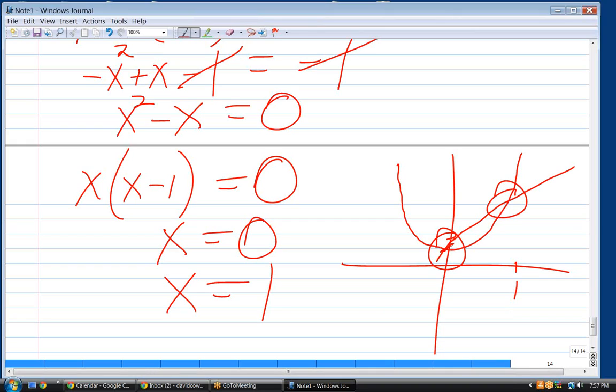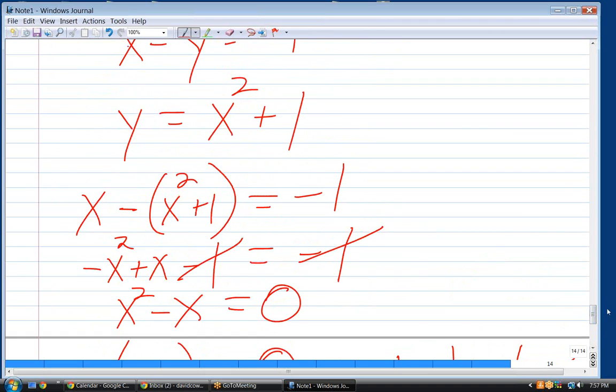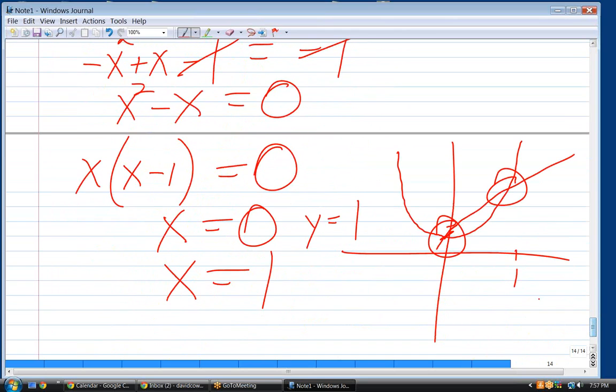And the y value here is clearly y equals 1 when x equals 0. And when x equals 1, y is equal to 2. So this point is (1, 2). And this point is (0, 1). And we have two solutions only.